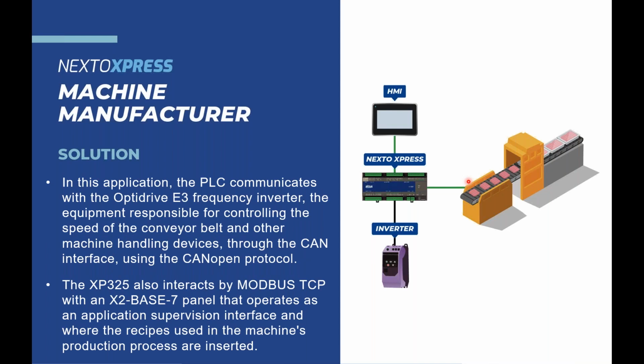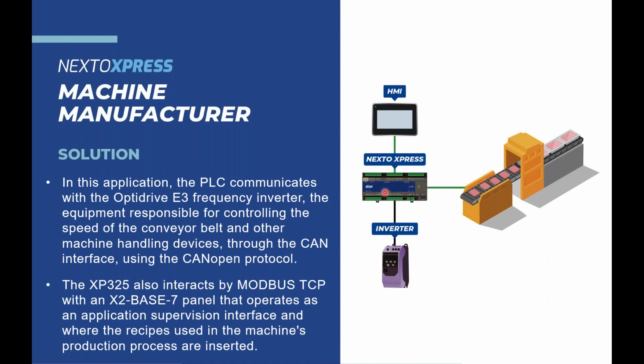So basically, what is the architecture that we're using here? We have the PLC, and we have an OptiDrive, that is the inverter over here. The inverter is responsible for controlling all the speed of the conveyor, and of course to handle all the devices. Here, as I said before, I like to use CANopen. So here we are using CANopen to communicate with the drive. We could be using analog inputs and outputs, but we prefer to use CANopen.